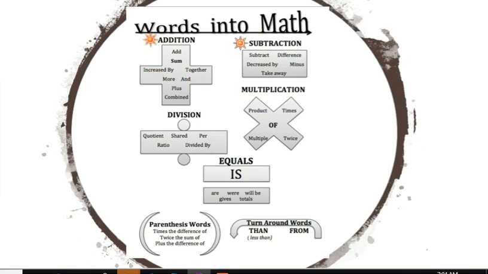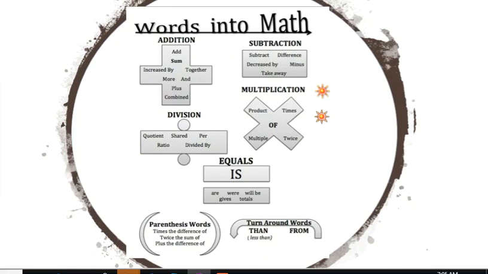Okay, let's look at the next set, subtraction. So subtract, difference, decreased by, minus, take away. All of these are different words to mean the same thing, and that's just subtraction. When we look at division, quotient, shared, per, ratio, divided by, these all mean division.